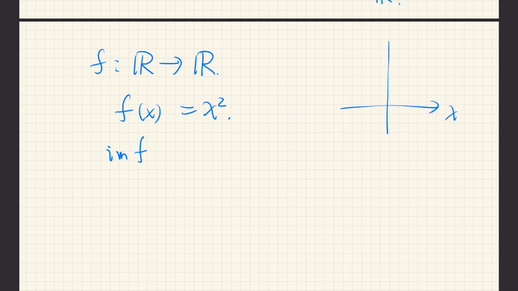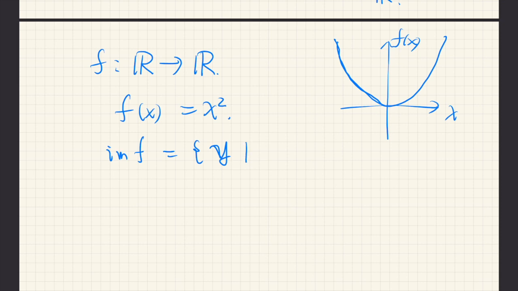So x and f(x) looks like this. It's a quadratic curve, very simple. This can take only non-negative values. So the image of f in this case is any real number, let's write it as y.